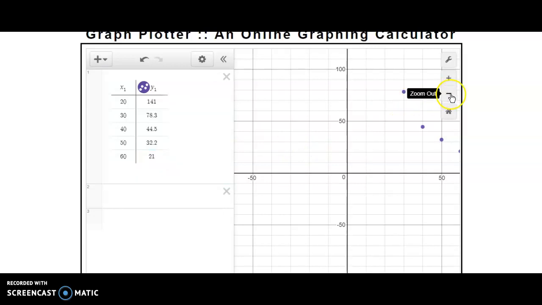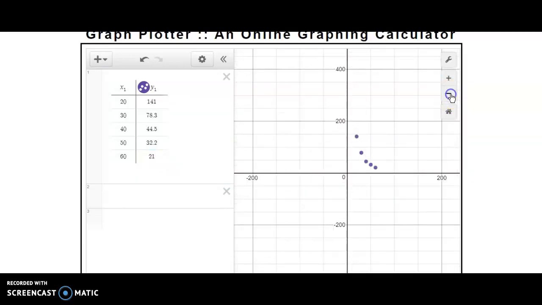Now I could zoom out and see the pattern: 20 with 141, 30 with 78.3, 40 with 44.5, 50 with 32.2, and 60 with 21. So is it direct or indirect? As long as I increase the distance, I have less electric field strength.